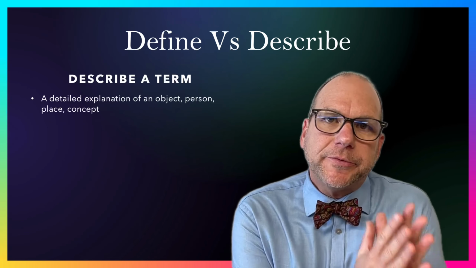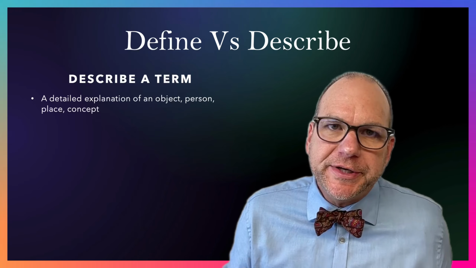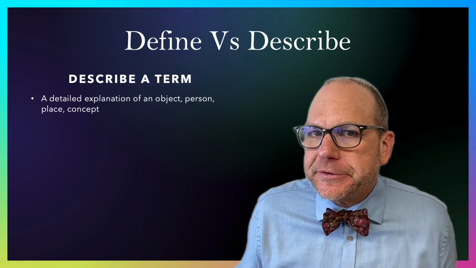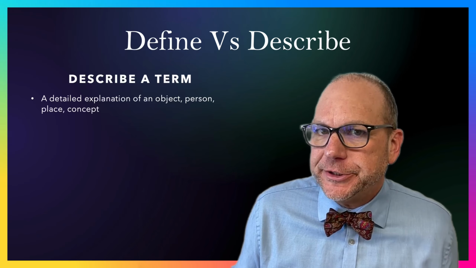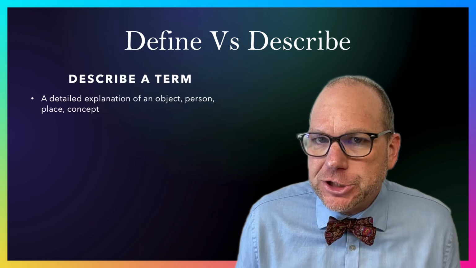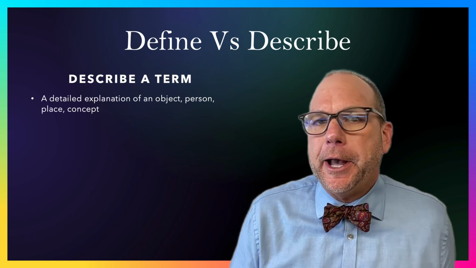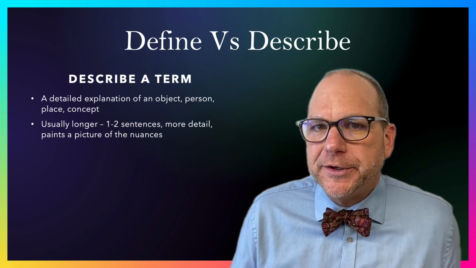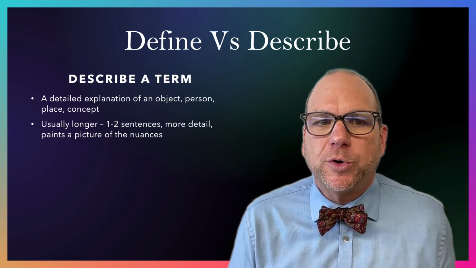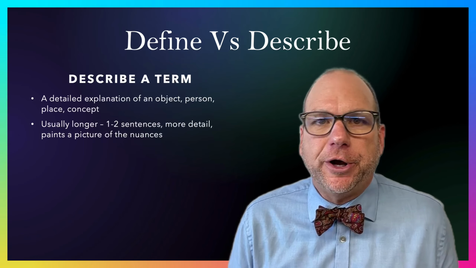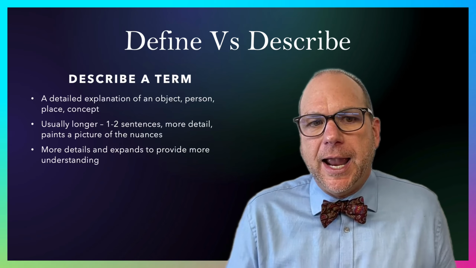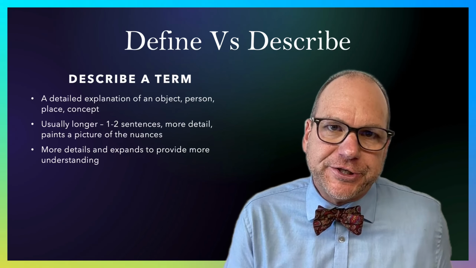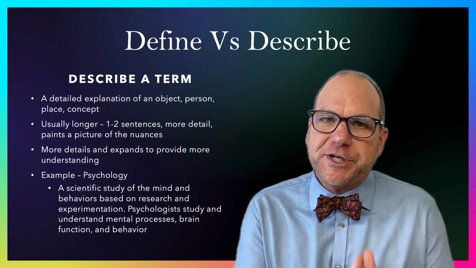When we talk about describing a term, we're really talking about a detailed explanation. It could be of an object, a person, a place, a symptom, a theory, a patient, but we want to provide a more detailed explanation. They're usually longer, 1-2 sentences, providing more detail and painting a picture of the various nuances of it. It expands our knowledge and understanding of what that particular term is.